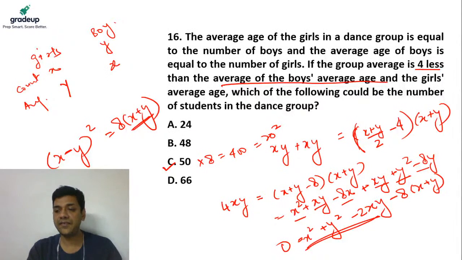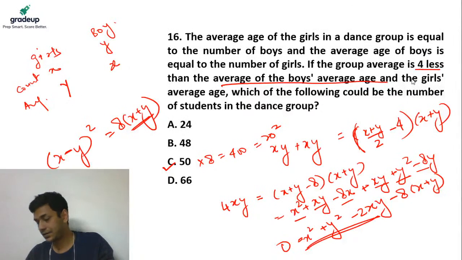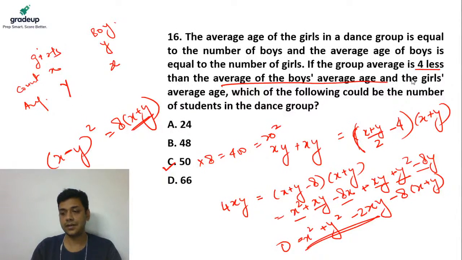The average age of boys and girls can be equal only if the number of boys and girls were equal, then the average of boys and girls will be the average of the total group. But the minute it says it is four less than the average of boys and girls, it's not possible. Got it?